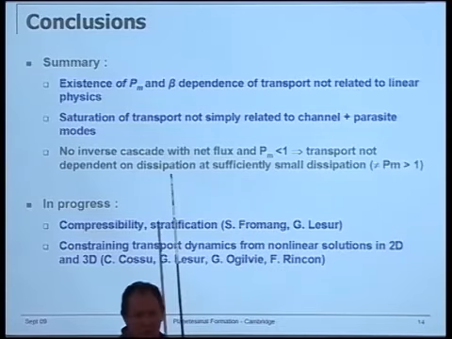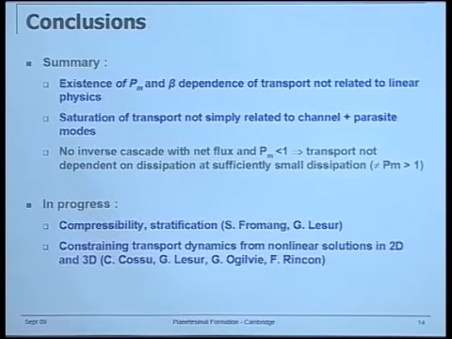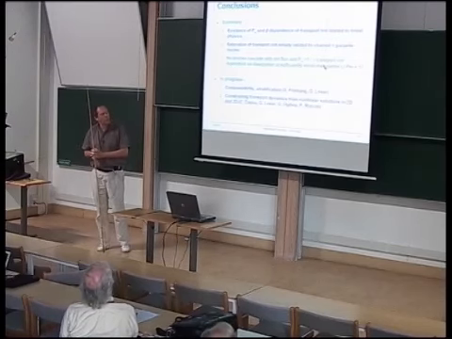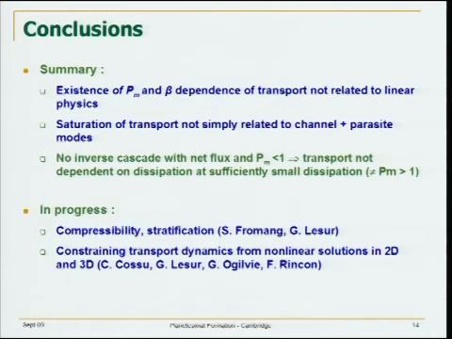Okay, so conclusions. I tried to make them brief. The existence of a Prandtl and field strength dependence of the transport doesn't seem to be related to linear physics. The details of it might, especially if you don't reach high enough Elsasser numbers, but the existence of it doesn't. The saturation of the transport is not simply related to some interplay between channel and parasitic modes for linear instability and secondary instabilities.